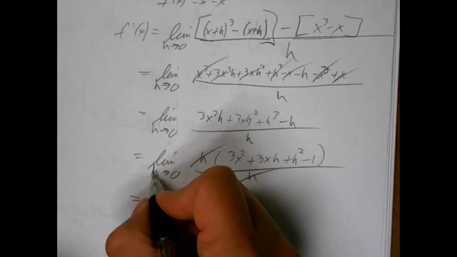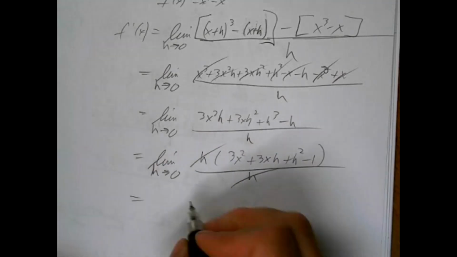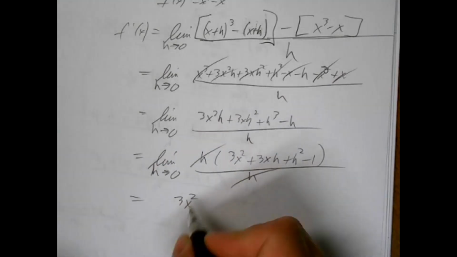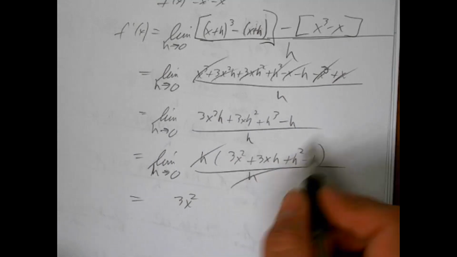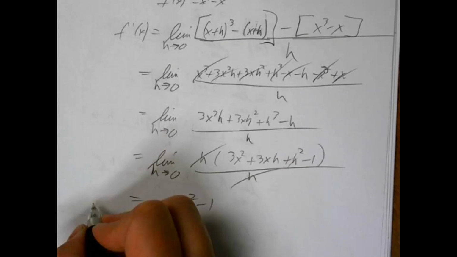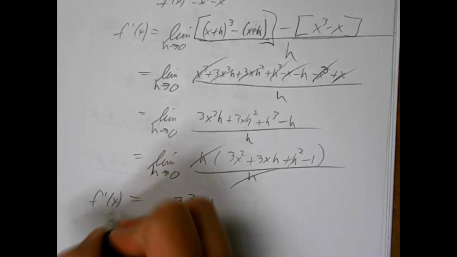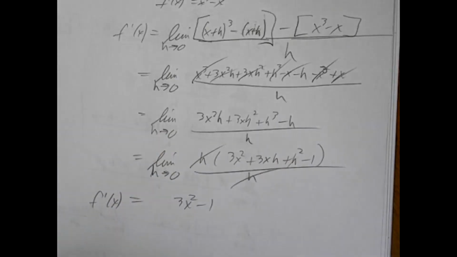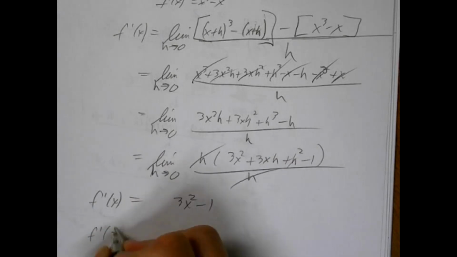Now, for h, I'm going to plug in a 0. 3x squared is still there. This zeroes out, this zeroes out, and there's a minus 1. So what we find is that f prime of x is 3x squared minus 1. That means if I wanted to know, which is a question I've already answered, what is the derivative at 2?